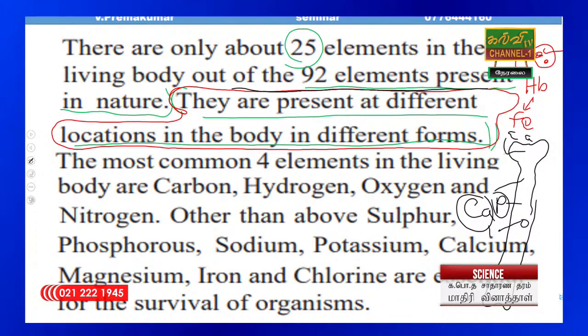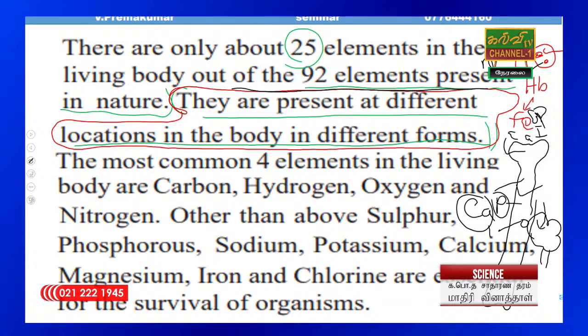They are present at different locations, where bone, blood, and sometimes brain also needs some important elements. Sodium, potassium, magnesium are there, and in muscles, especially nitrogen. The thyroid gland in our neck depends on the element iodine.